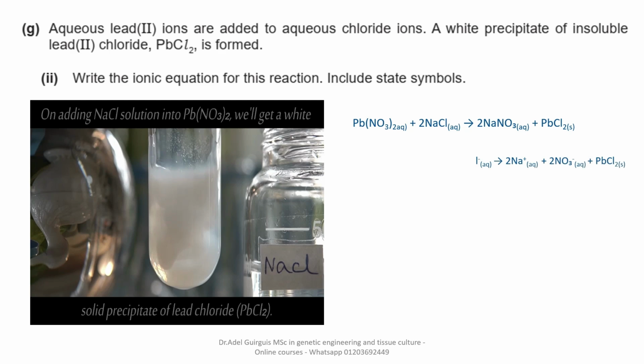So look at the same equation. We have to dissociate the ions of lead(II) nitrate into Pb 2+ plus 2NO3 minus. NaCl also dissociates into 2Na plus and 2Cl minus, 2 chloride ions.